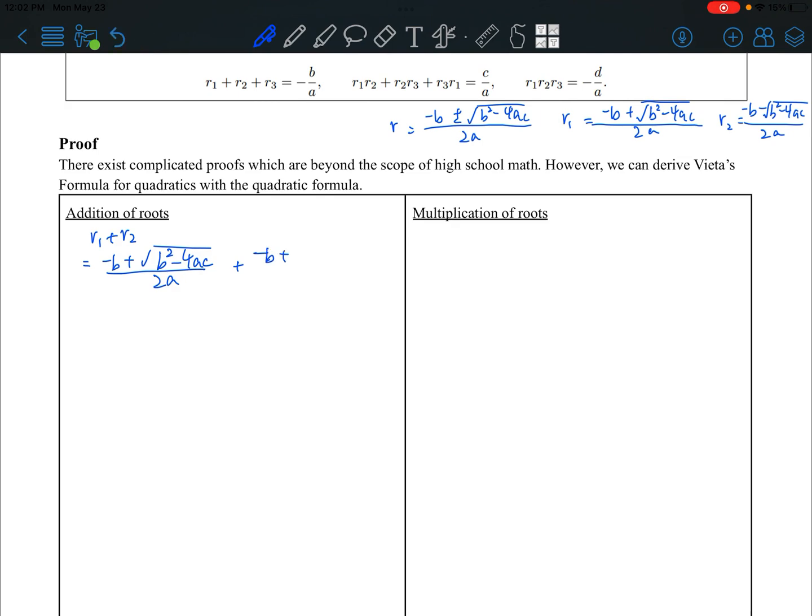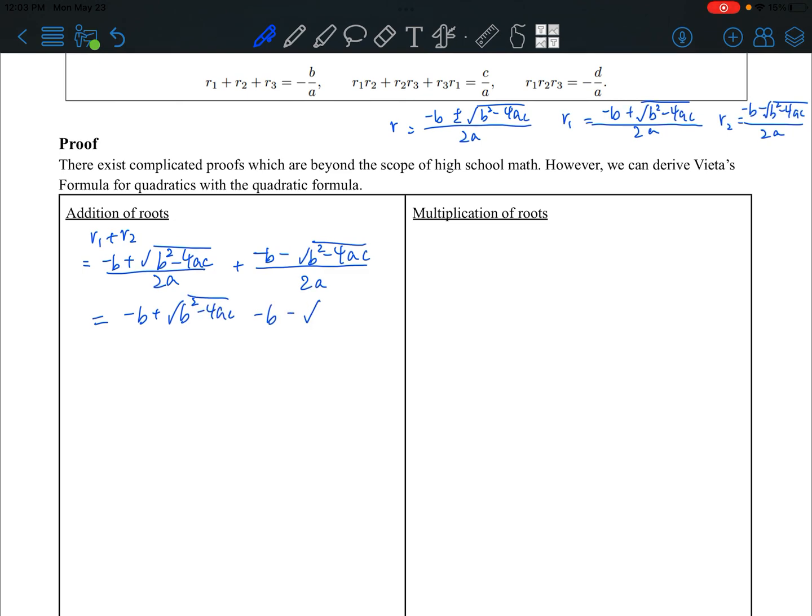negative b minus the square root of b squared minus 4ac over 2a. They have a common denominator, so we can just merge them together.